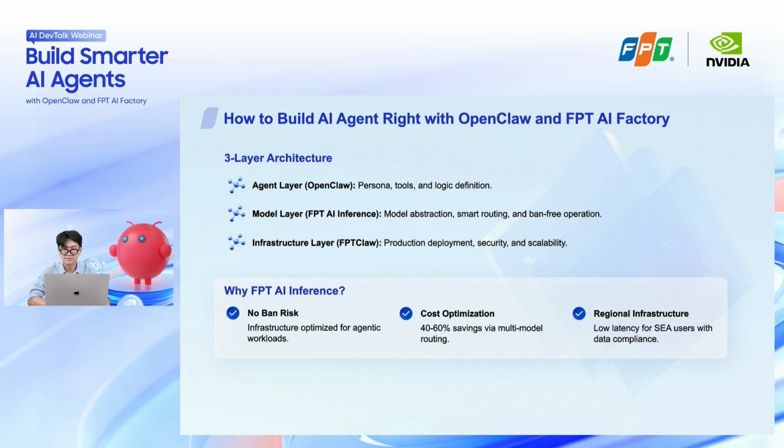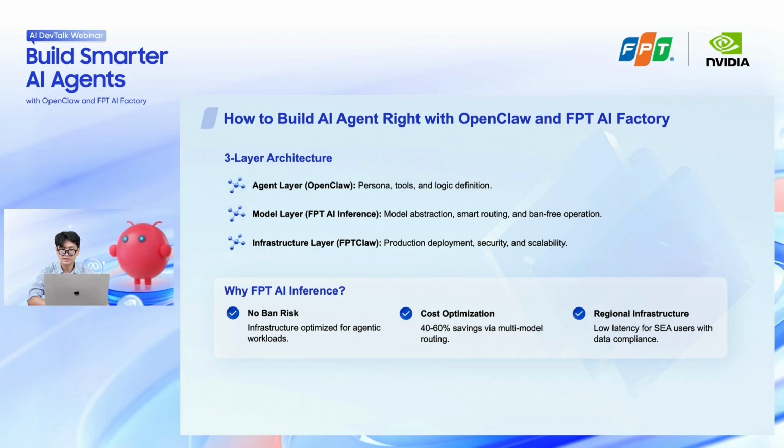It's three layers. Layer one is the agent itself, the persona, the prompts, the tools, the user experience. And this is OpenClaw's territory. Layer two, the model layer, the brain. But critically, not one brain, multiple models behind a routing layer that picks the right model for each task. This is FPT AI inference.